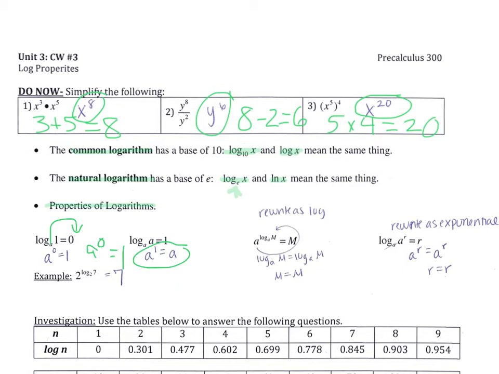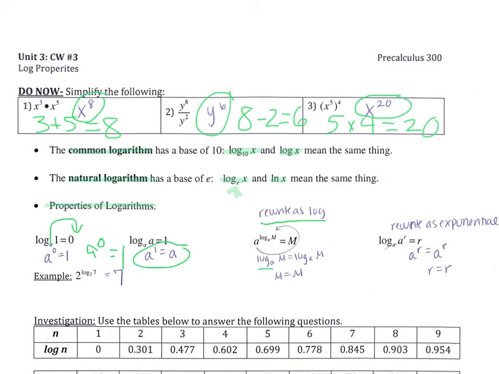Then if we look at this next one, we have a little note up here. This is written as an exponent and we want to rewrite it as a log. So how we would rewrite it would be log base a of a to the m equals log base a of a to the m.